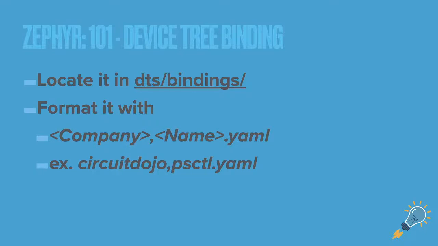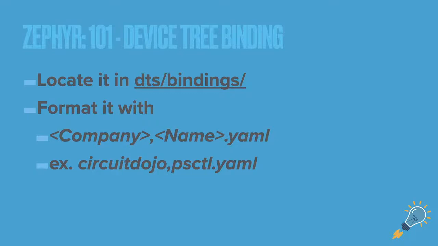This might be at the root of your application, or it might be in a module. So it looks in a couple of different places for this bindings folder. The biggest thing here is naming it something that you can remember and format correctly. So, for example, here's an actual binding file that I created for the nRF9160 Feather.